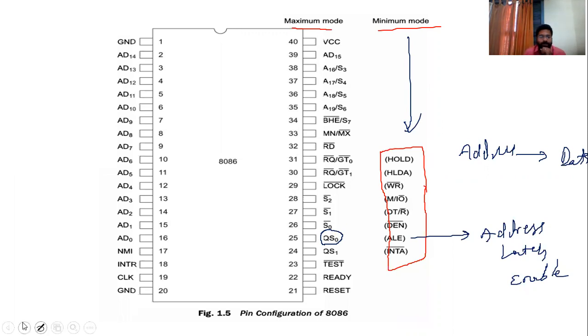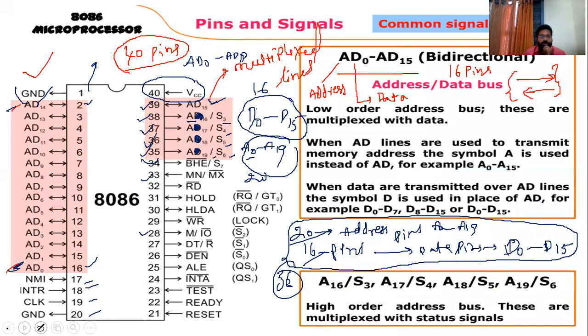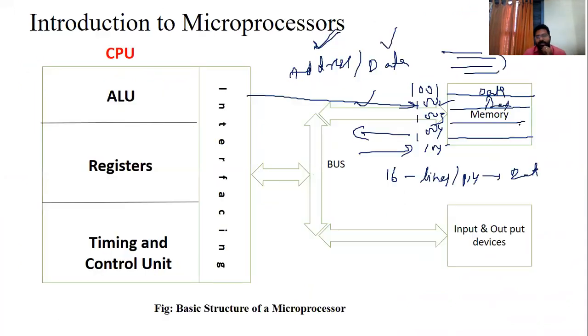The microprocessor is connected to the memory by using these 20 address and data lines, and these lines are always in address mode. Whenever the microprocessor wants to take information from the memory or send information to the memory, at that time it converts these address lines into the data lines.